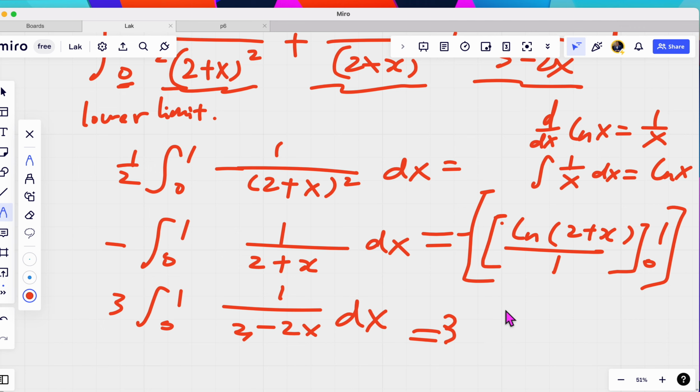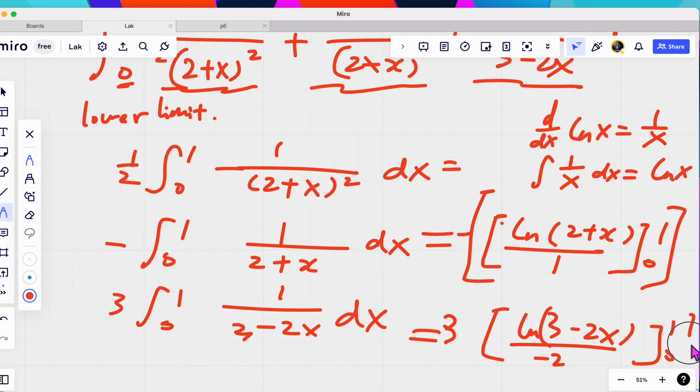It's ln of 3 minus 2x. When you differentiate this thing, your negative 2 has to bring out, right? So therefore you need to counter the effect of it by putting it below. So you need to solve this thing first before you 3 times it. Wait. Let me show you.